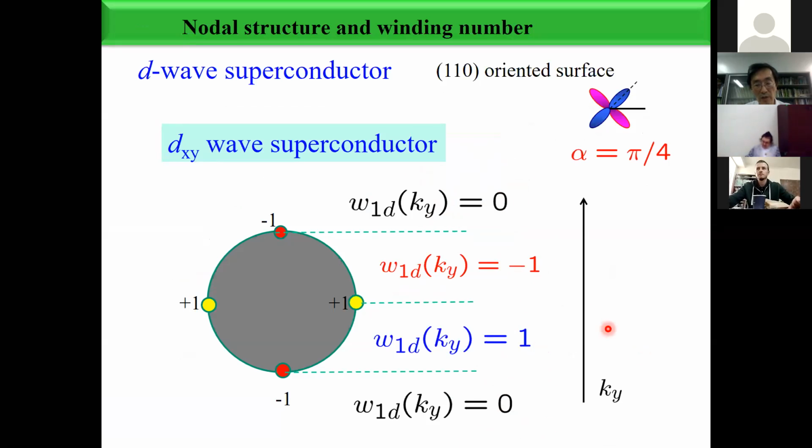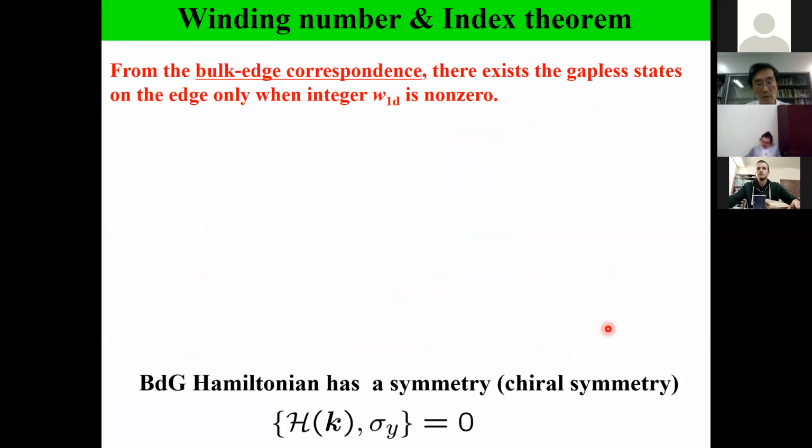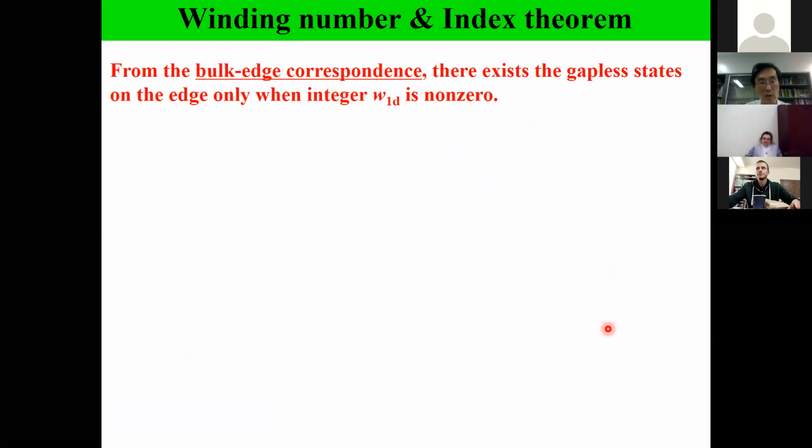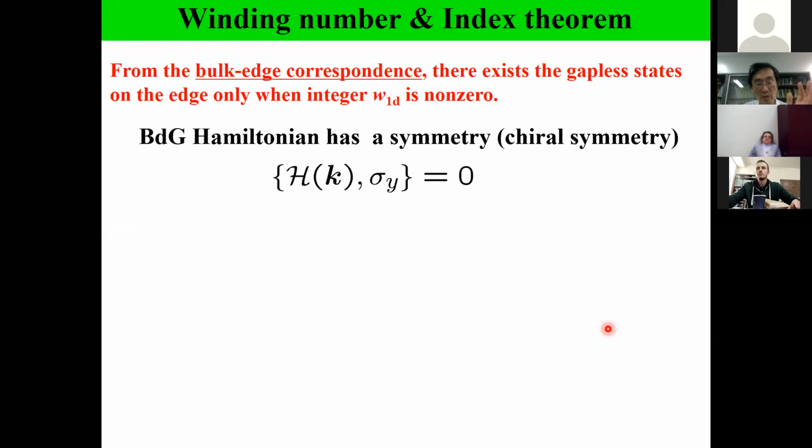Before applying this idea, we must look at another important concept. From the bulk-edge correspondence, there exist gapless states on the edge only when the integer W1D is non-zero. There is also a very important symmetry originating from the Bogoliubov-de Gennes Hamiltonian.